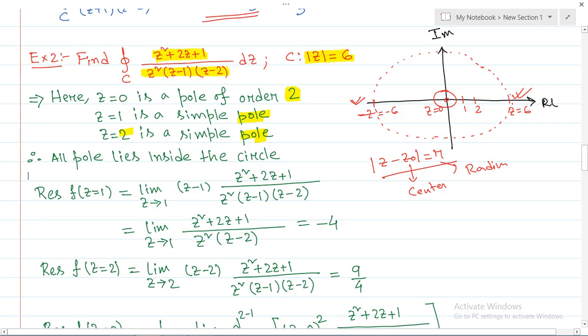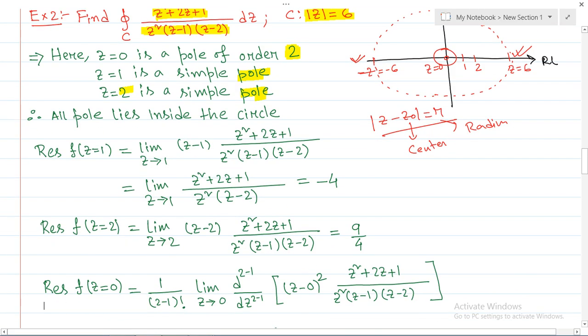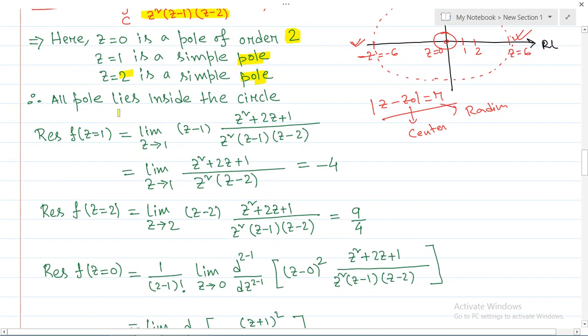So all the 3 points lie inside, but before this, since the 2 poles are simple poles, we calculate the residue of f at the poles z equal to 1 and z equal to 2 using the simple pole formula, that is limit z tends to 1, z minus 1 multiplied with the whole function f of z.